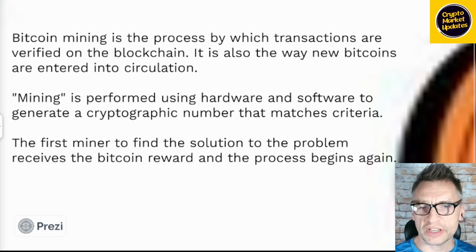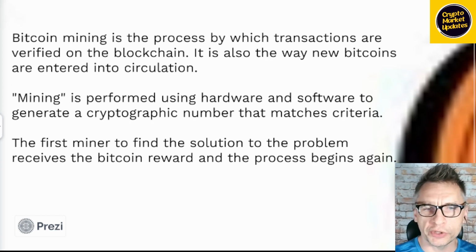So anytime a transaction is conducted, for example, purchasing or sending Bitcoins from one wallet address to another, a certain hash is generated, which is a string of numbers and letters combined, which then needs to be verified by computers in order to make sure that this is a real transaction, that it's not a fake transaction.